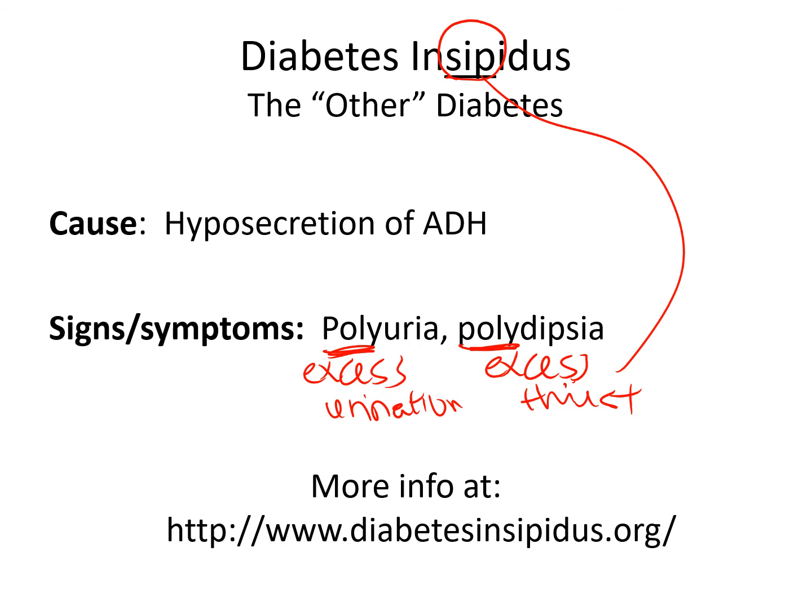So this particular problem is not diabetes mellitus. It's not dealing with sugar or polyphagia or any other condition that comes with that particular form of insulin problem diabetes. This one here can be diagnosed through an MRI or perhaps a brain scan that would allow us to see what's going on with the hypothalamus and pituitary. More information there at diabetesinsipidus.org.